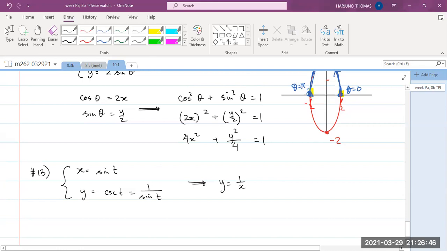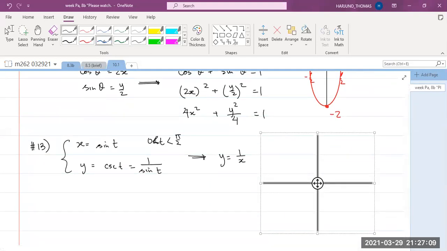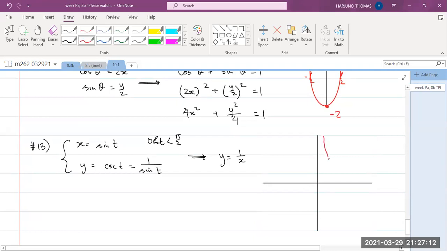Where t is from 0, not including 0, up to pi over 2. Now, what is the graph of y equals 1 over x? The graph of 1 over x looks approximately like this. This is y equals 1 over x, and this is still part of that.